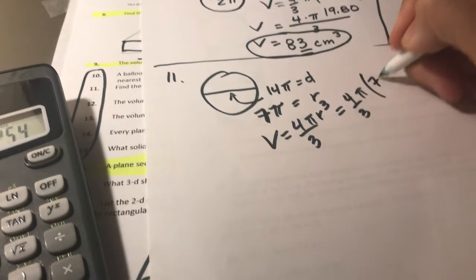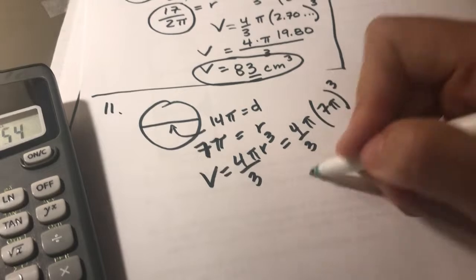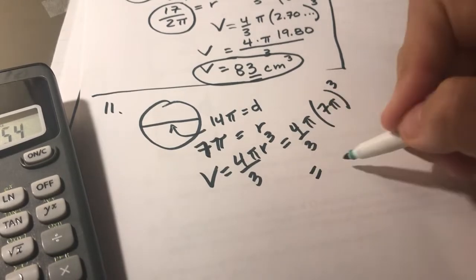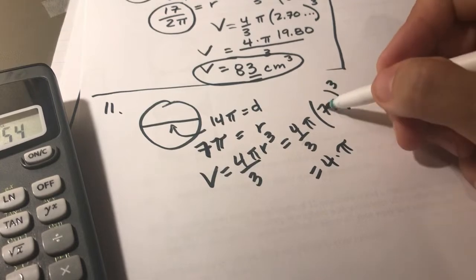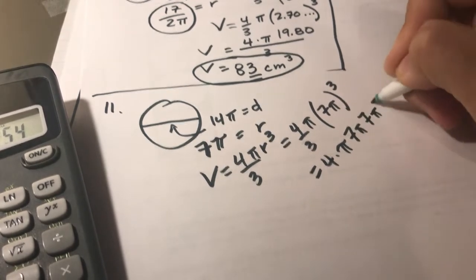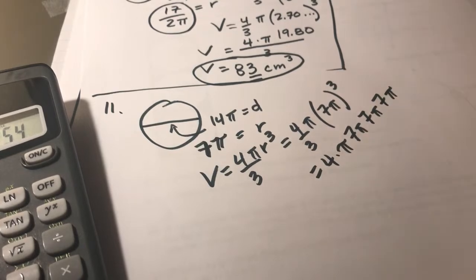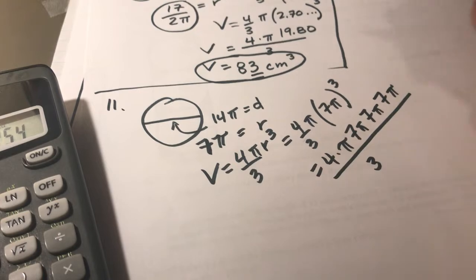So my radius is 7 pi, and they said leave my answer in terms of pi. So in the numerator, I have 4 times pi, and I have 7 times 7 pi times 7 pi times 7 pi. Wow, a lot of pi's. And then I need to divide by 3.